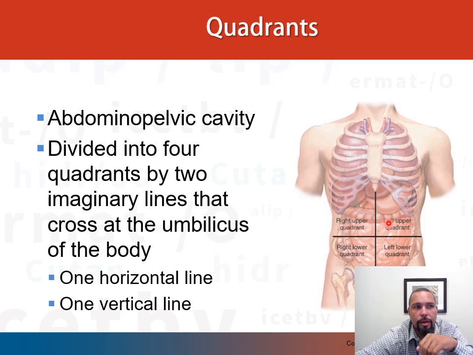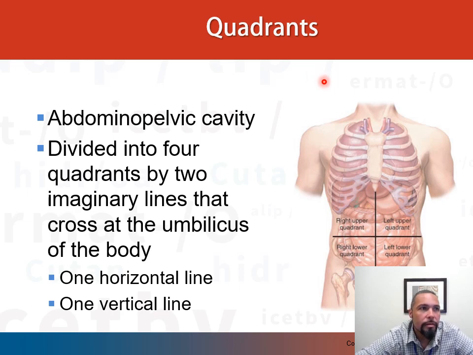Same thing over here: the left upper quadrant, the left lower quadrant, and then the right lower quadrant. These are acronymed as RUQ, LUQ, LLQ, RLQ. Each quadrant is divided like this because they hold certain parts. We'll get into more of that as we progress to anatomy.